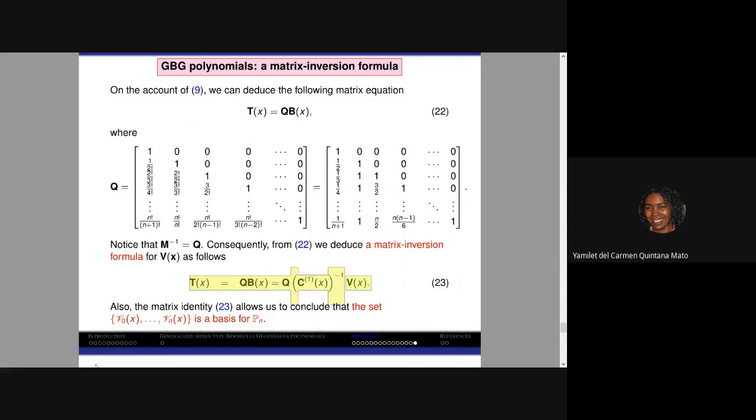Also, this matrix identity allows us to conclude the set of the GBG polynomials is a basis for the space Pn.